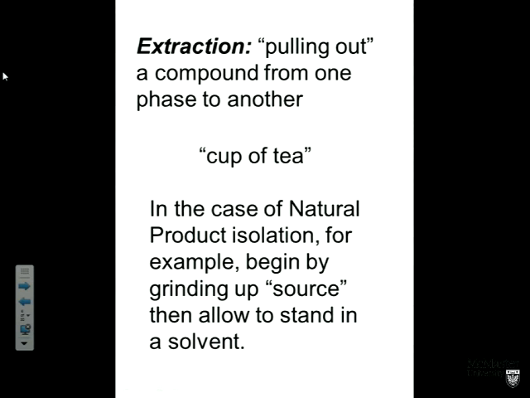So this is rather like a cup of tea, right? We're used to making a cup of tea. We take solid tea leaves containing tannins and caffeine. We pour on boiling water, and the caffeine is removed from the leaves. The leaves are left behind. The caffeine dissolves, in this case, in the water phase. So quite often for natural product isolation, we grind up the source and allow it to stand in a solvent. So a solvent usually is an organic solvent.